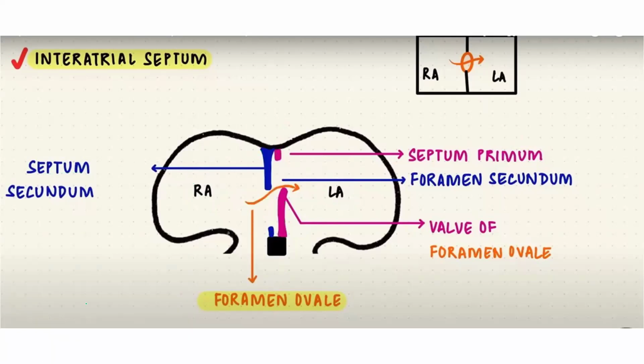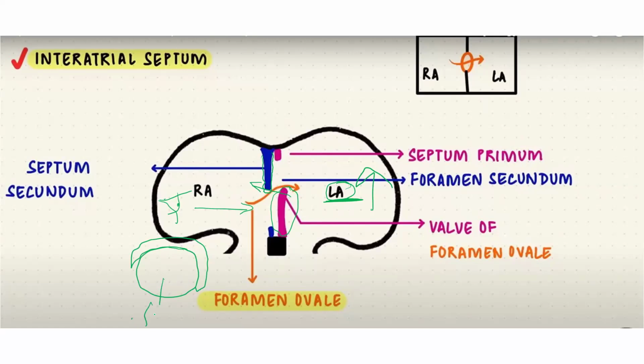But now the question is, what would happen after birth? After birth, the pressures of the left side increase. If they increase, this part of the septum primum is pushed to the right side, and by being pushed to the right side, it abuts the septum secundum. If that is your eye there, if you were to view this from the right atrium, you'd see a depression with an elevation.